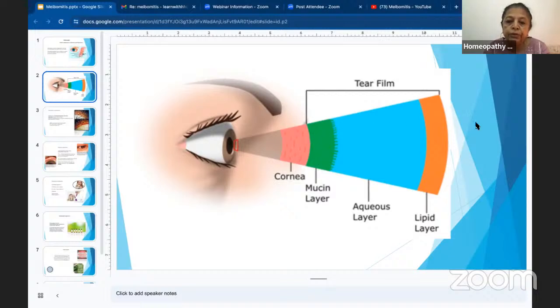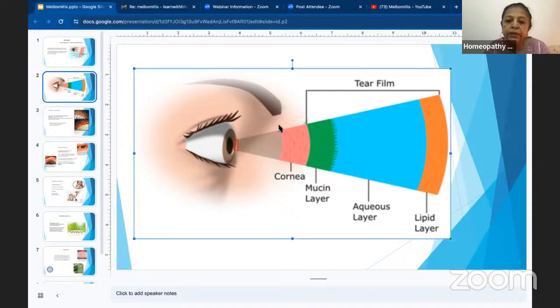The innermost is the mucin layer, secreted by the mucin cells in the conjunctiva, just above the cornea. Then comes the aqueous layer, secreted from the lacrimal gland. And here is the lipid layer, which is secreted from the Meibomian glands.